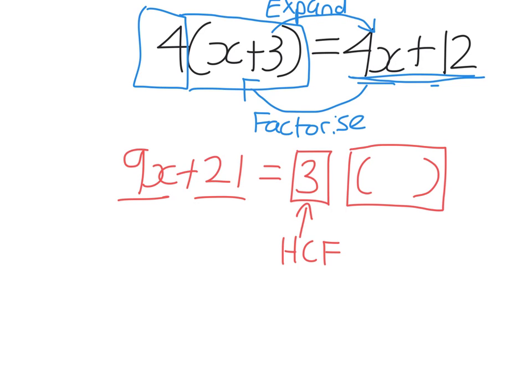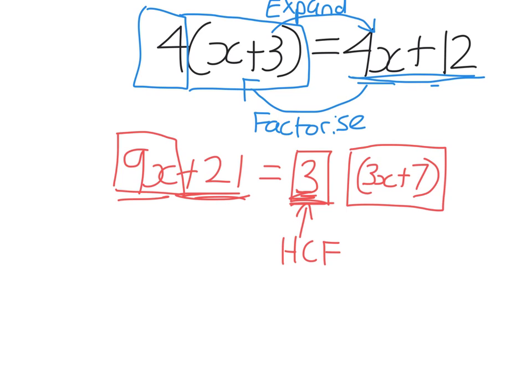So then what goes in the brackets? Well, the first term that goes in the brackets is this divided by the highest common factor. 9x divided by 3 gives you 3x. Then our next thing is positive 21 divided by, again, the highest common factor. That is positive 7.